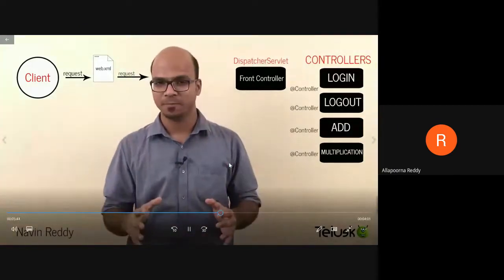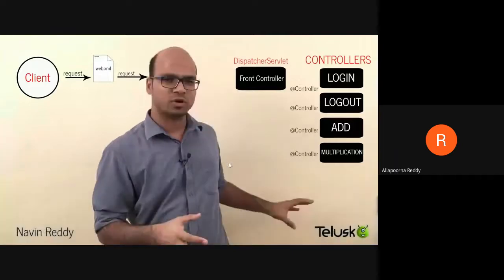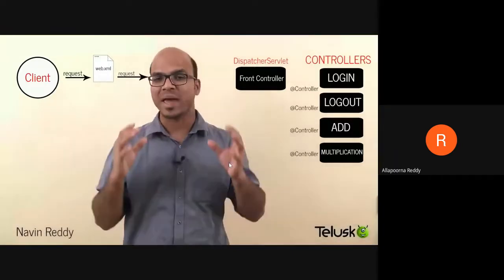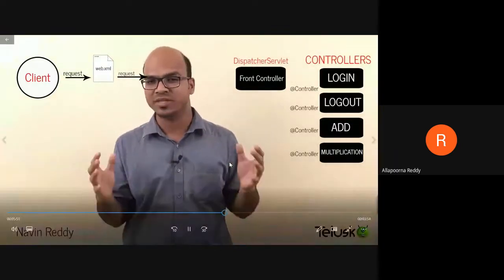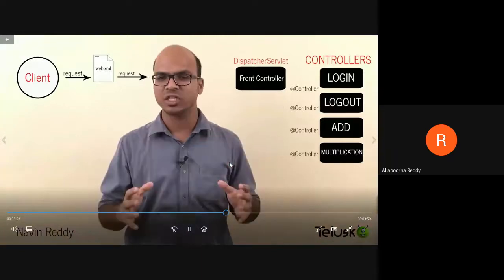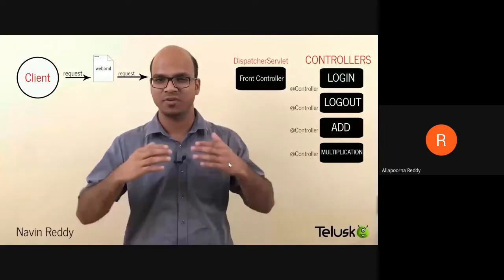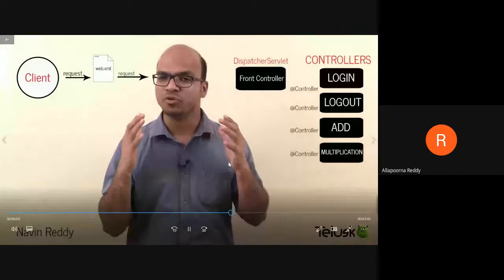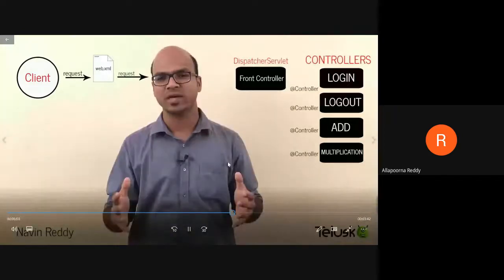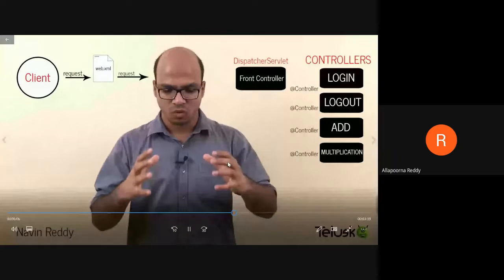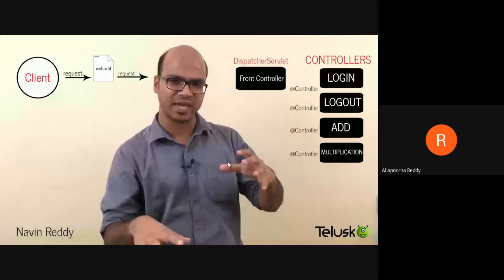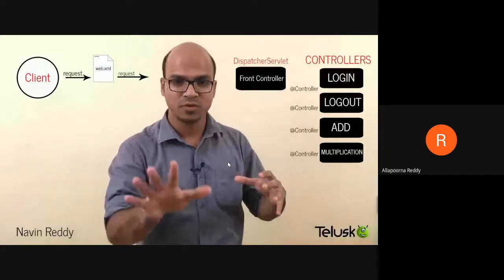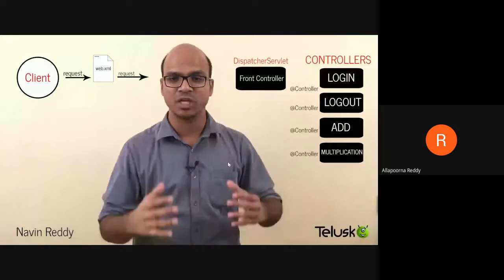You have to only mention in that configuration file in which package you have all your controllers, and you're done. Of course, these are Java files, so you'll be having all these things in one particular package, or maybe multiple packages. So you just have to mention which package you're working with. That's it. The dispatcher servlet will know, okay, we have to go to this package to find the controllers. You don't have to do that. It will be done by Spring MVC.